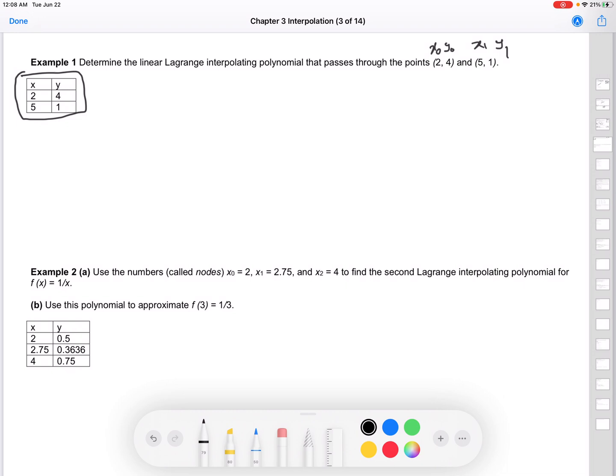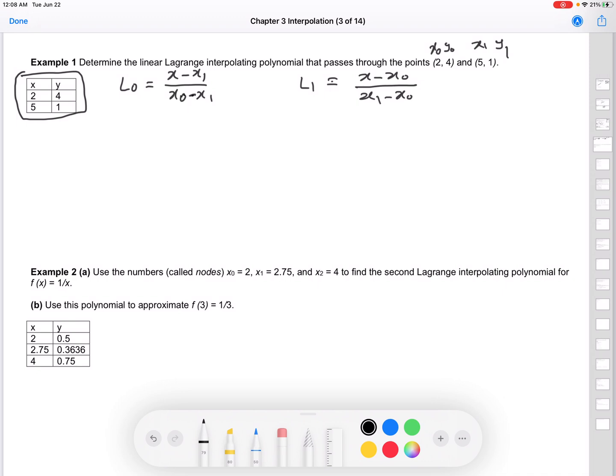Okay, now the first thing I need to calculate is L0. What is L0? x minus x1 on top, since x0 is not in the top, dividing by x0 minus x1. And what will be L1? L1 will be x minus x0, since x1 is not in the top, dividing by x1 minus x0.